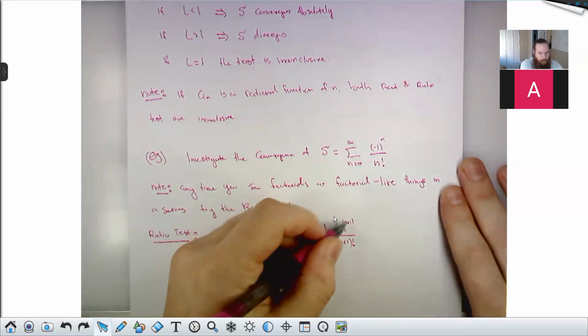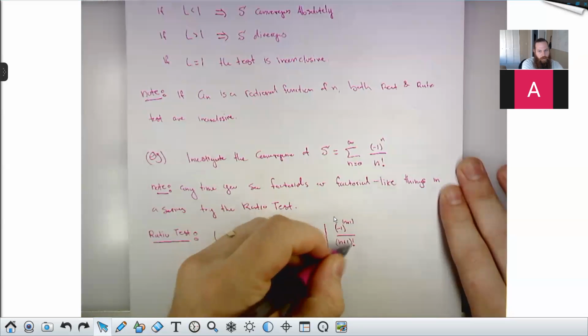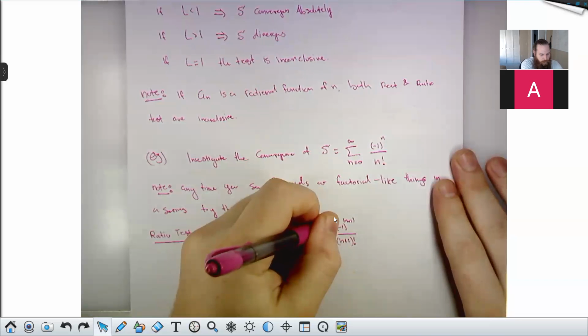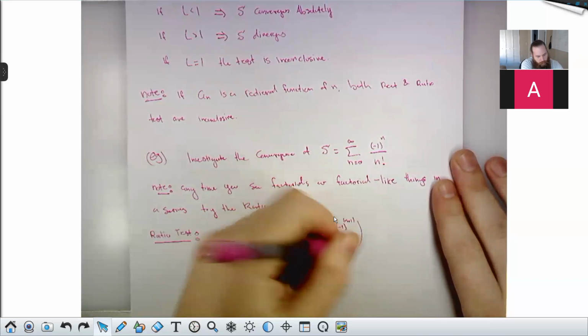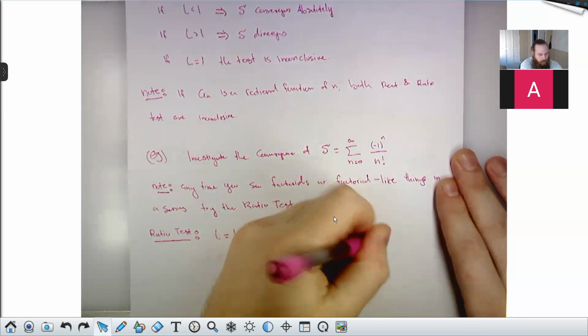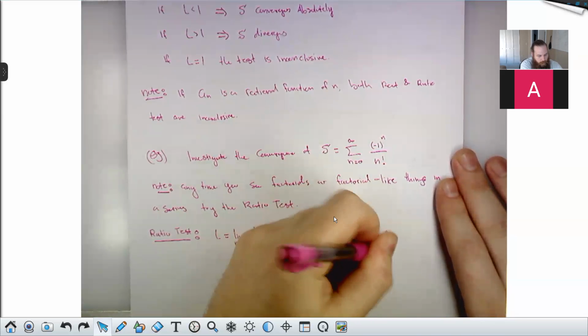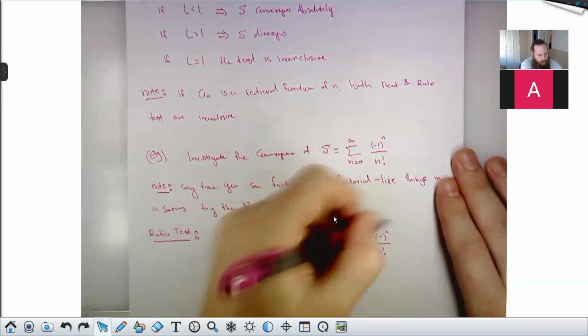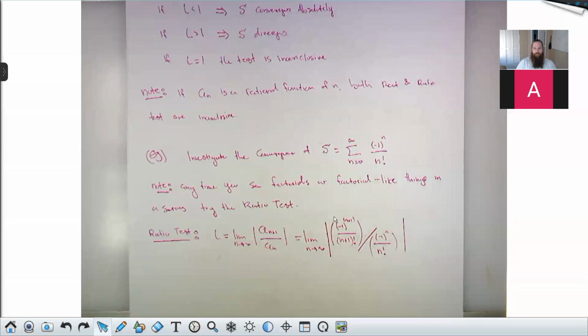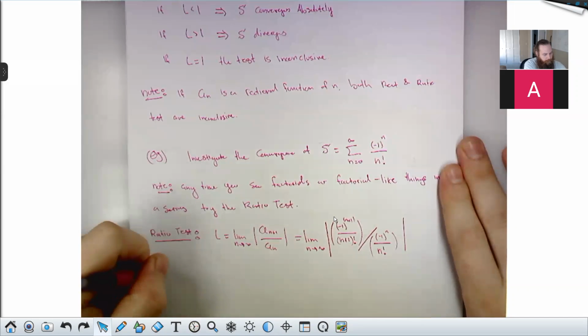Now upstairs here in the power, it's a little bit redundant, but downstairs here, it's very important that this is (n+1) all factorial. It's not the same as n factorial plus 1. So this is a_(n+1), and I need to divide it by a_n, which is (-1)^n over n factorial. And now I can close my absolute values. I'm dividing one fraction by another fraction, so I can flip and multiply.